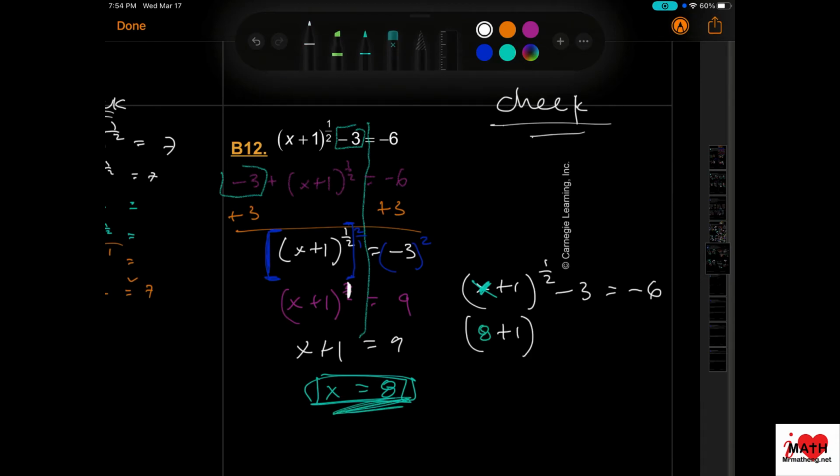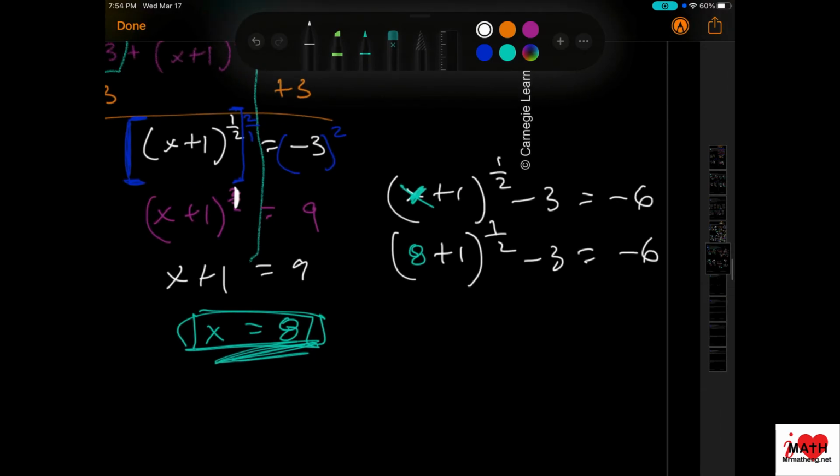So 8 plus 1 to the 1/2 minus 3 equals negative 6. I have 9 to the 1/2. Remember, in the 1/2, the 1 stays with the exponent, and 2 is the index or the root, kind of on the top left of the radical. Square root of 9 is 3, and 3 minus 3 is 0.